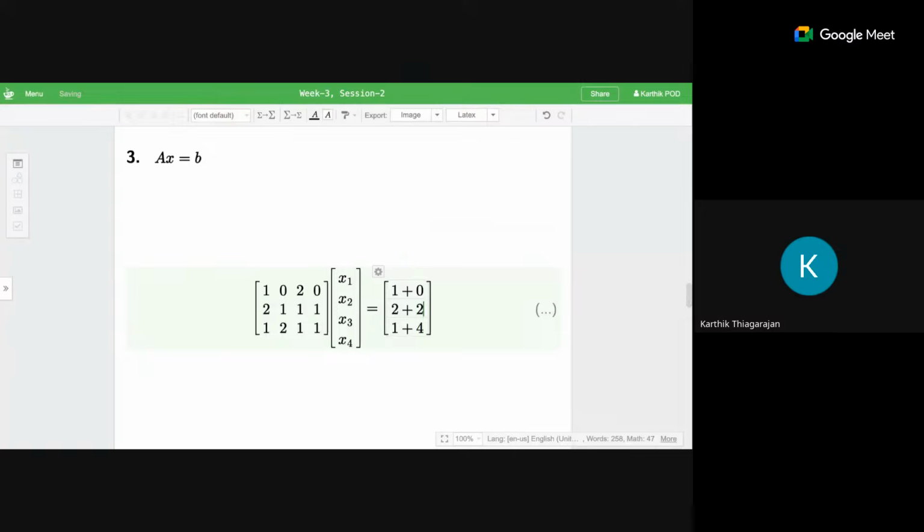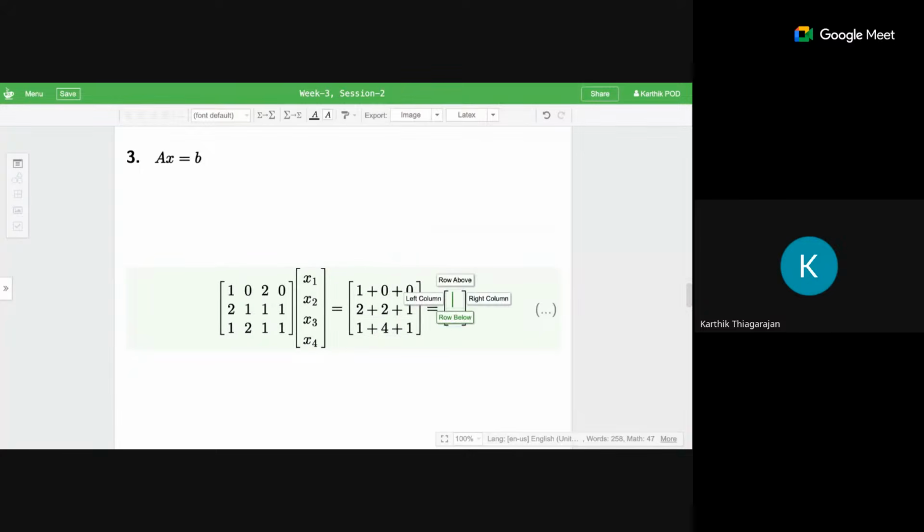Plus 0 times the third column, let's say the third column doesn't contribute. Plus 1 times the fourth column, so 0 plus 1 plus 1. So this gives me the vector 1, 5, 6.